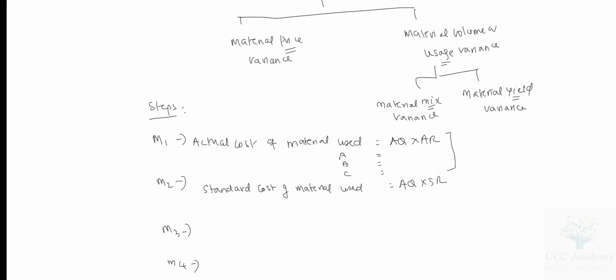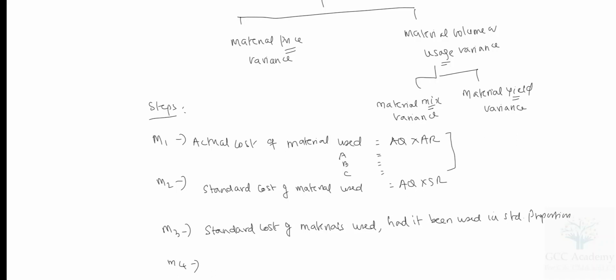Then M3, standard cost of materials used, had it been used in standard proportion. What is this?